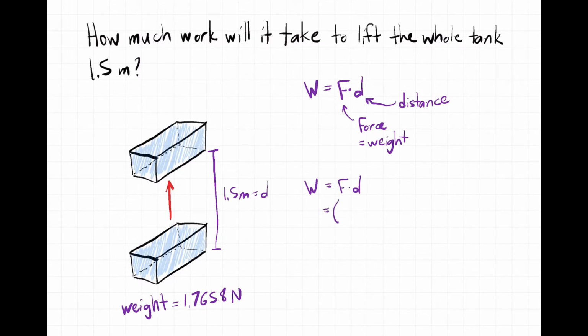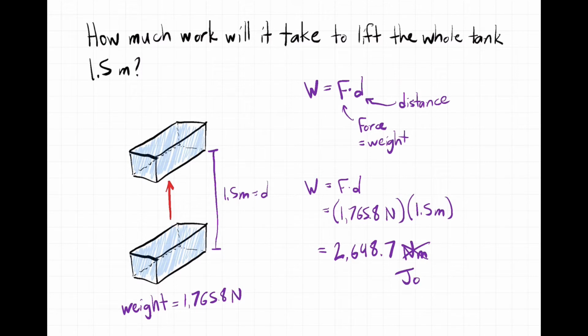That is 1,765.8 newtons times the distance of 1.5 meters. That gives us 2,648.7 Newton meters, except instead of Newton meters, we'll call these joules. 1 Newton meter is 1 joule, and that's the measure of energy or work we'll use.